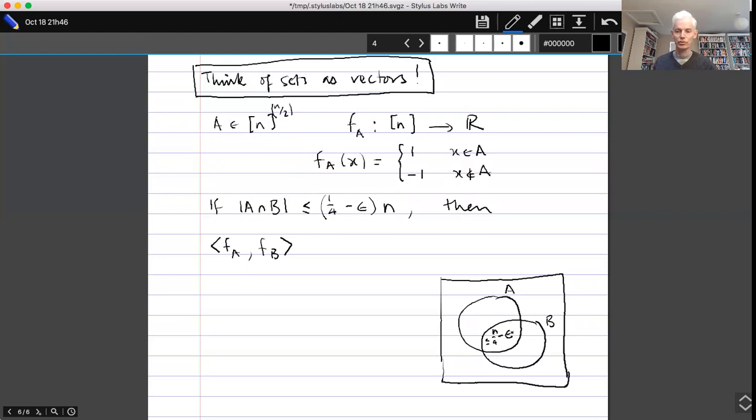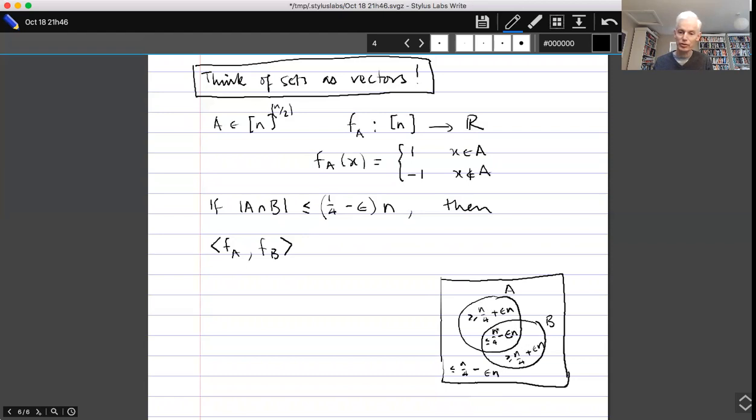Perhaps I'll write it n over 4 minus epsilon n, which means that A minus B has size greater than or equal to n over 4 plus epsilon n, and likewise for B minus A. And over here it's less than or equal to n over 4 minus epsilon n. Now when we work out the inner product, we get a contribution of 1 here because the values of f_A and f_B are the same, and 1 here, and minus 1 here because the values are different, and minus 1 here because the values are different.